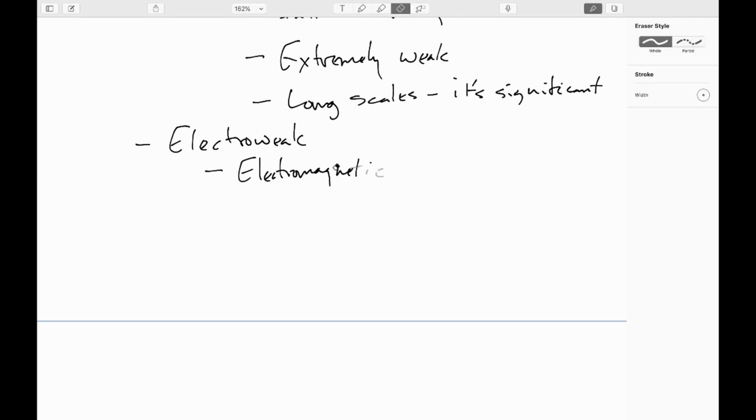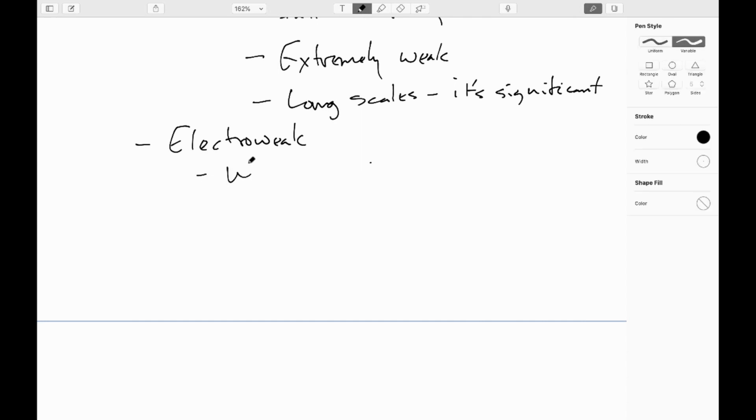Actually, let me talk about weak nuclear first because I have less to say about it. So it's a combination of the weak nuclear force and the electromagnetic force. In the 70s, three different physicists by the names of Salam, Glashow, and Weinberg demonstrated that these two seemingly different forces were actually two different aspects of the same interaction.